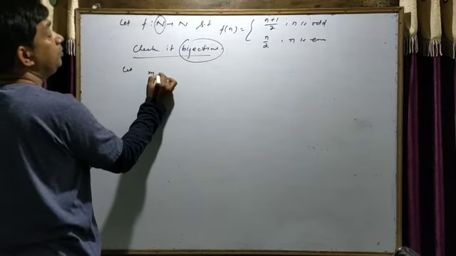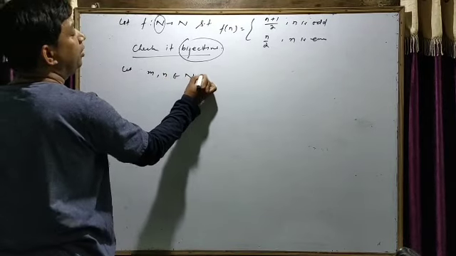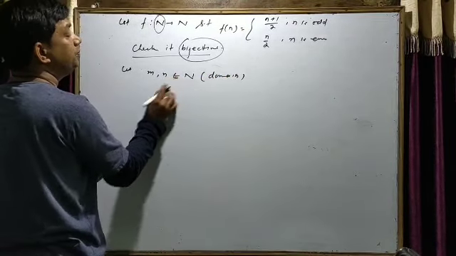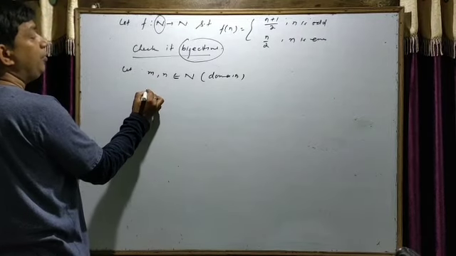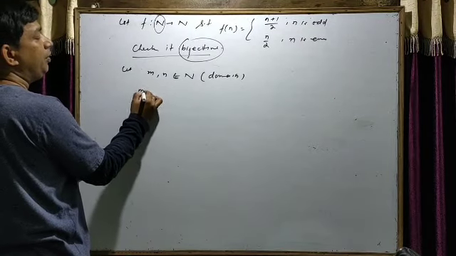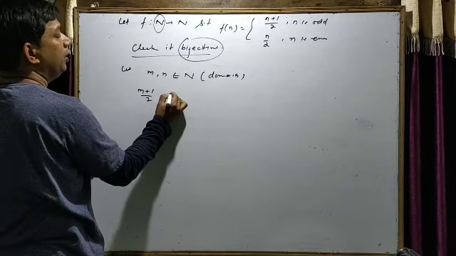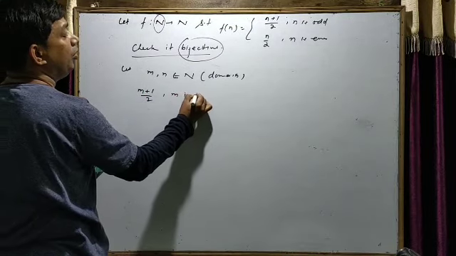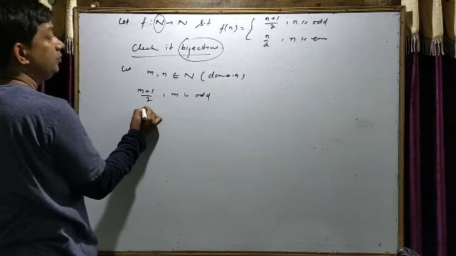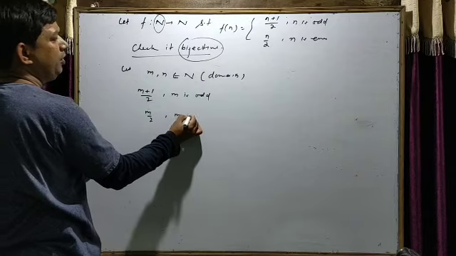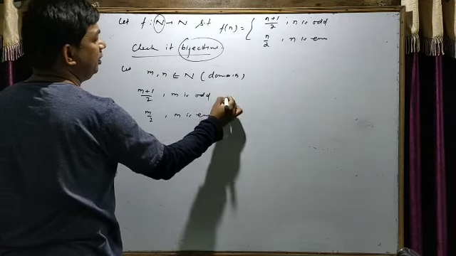Let m, n belong to N, the domain. Now f(m) is (m+1)/2 if m is odd, and m/2 if m is even.